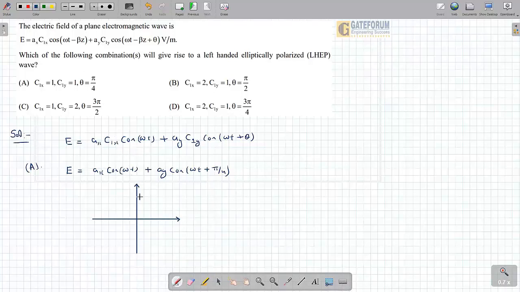So let's say t equal to 0. At t equal to 0, E will become Ax cos omega t plus Ay cos pi plus omega t. So it is 1 by root 2 here, somewhere around 0.707 Ax. Resultant is somewhere here.